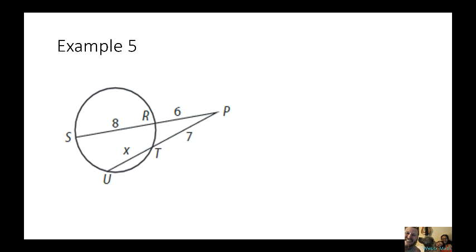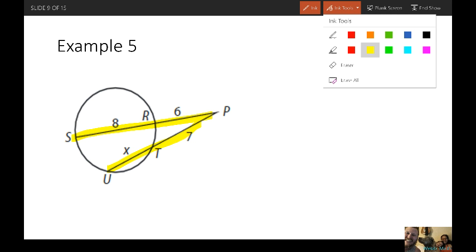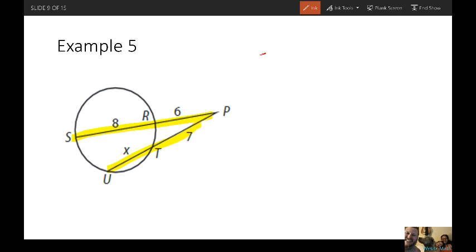So next problem. So example 5. Again, I want to be thinking, all right, here's my secant, SP, times, and we're going to have the other secant line too. So you're going to have SP times, who's his outer guy? RP, or PR, okay?